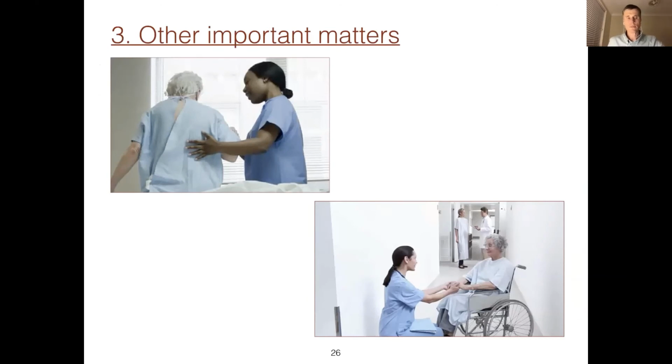Some other important matters. Once we've finished imaging, and you guys are aware of this, I know, but I just want to reaffirm it: when we're finished imaging, we're not finished with the patient.